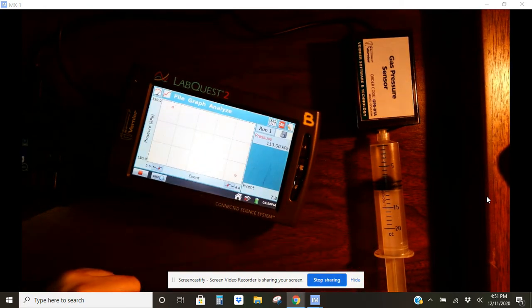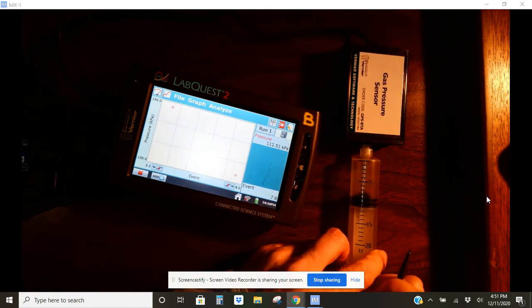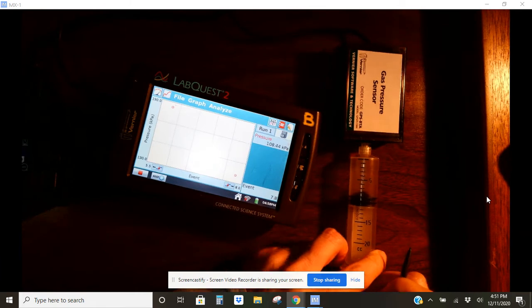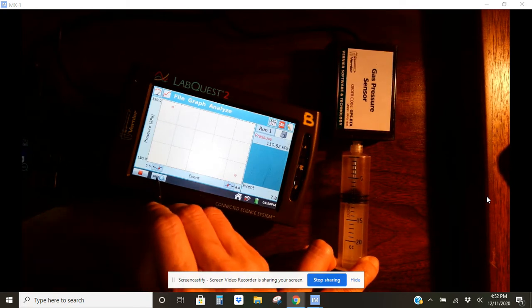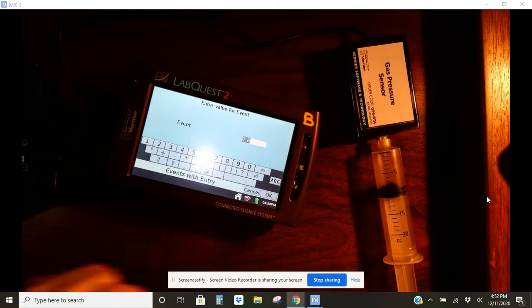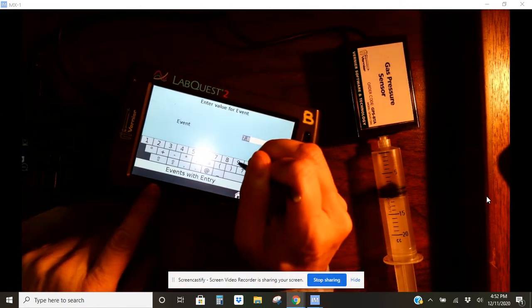All right, let's do our next one. Let's get it to 9 milliliters. So 9 milliliters, it was actually almost there when I released it. So 9 milliliters looks like it's holding steady pretty close. Click keep. And so this time I'm going to type, that's right, 9.8.